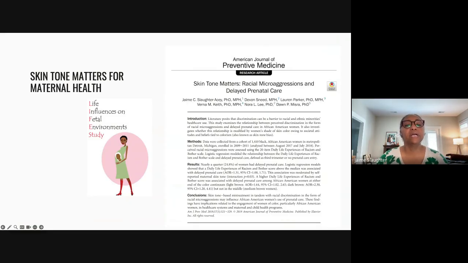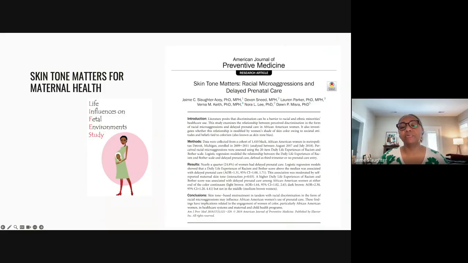I was able to look at the relationship between a mother's skin color, exposures to racial microaggressions, and delayed care. What I found was that, in general, for Black mothers in this study, greater experiences of racial microaggressions were associated with delayed prenatal care.